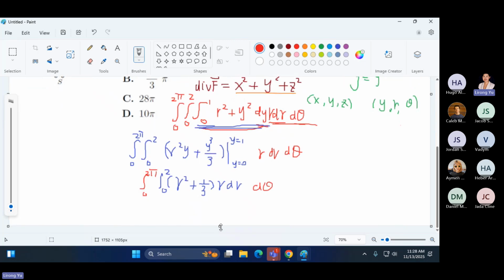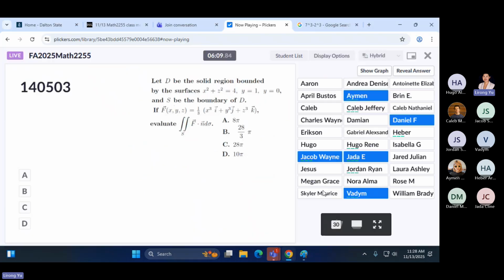Let's finish calculating. What if you already have the answer? I have the scanner. Let me see if it's the answer. All the answers that were submitted were correct. If you haven't finished yet, does anyone already have the number? I know you guys are faster.